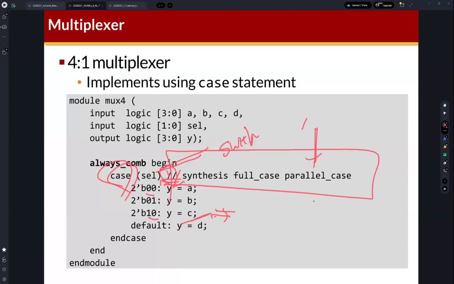During the simulation, this synthesis primitive will not be reflected in the simulation tool. But for synthesis, the synthesis tool reads the synthesis primitive and generates the desired hardware based on this condition. So it is a kind of special command for the synthesis tool.